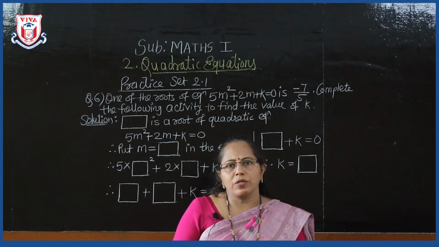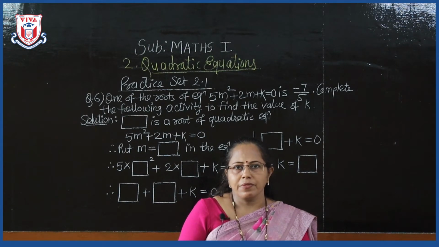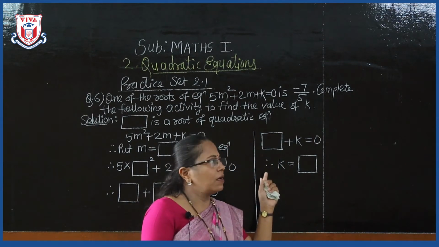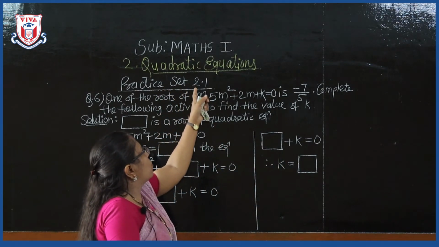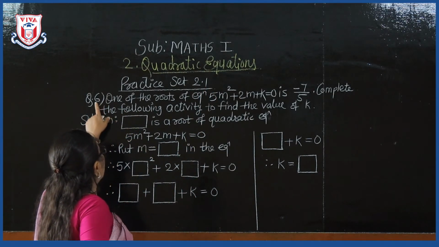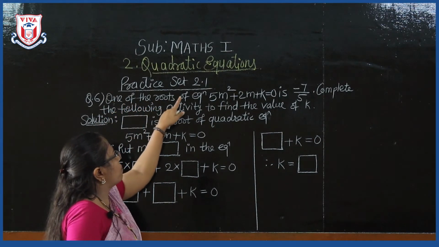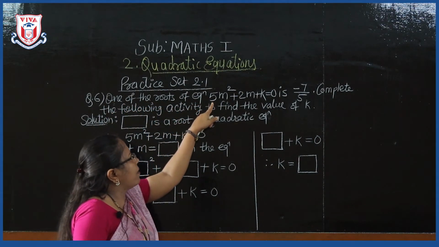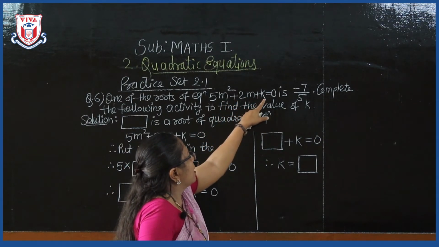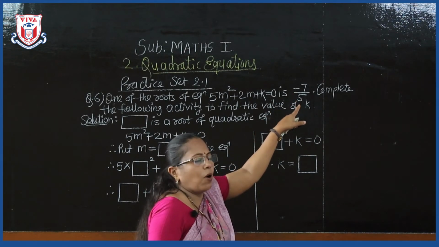Students, as you know that you have activity based questions in the board exam. So we will solve one activity based question from practice set 2.1. The question is question number 6. One of the roots of the equation 5m square plus 2m plus k equal to 0 is minus 7 upon 5.